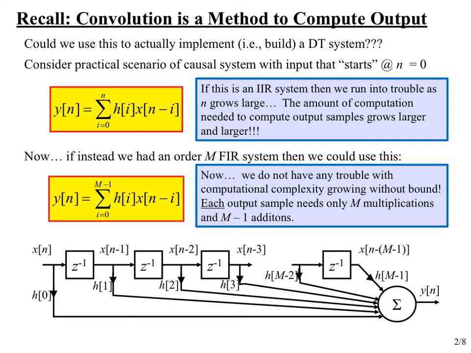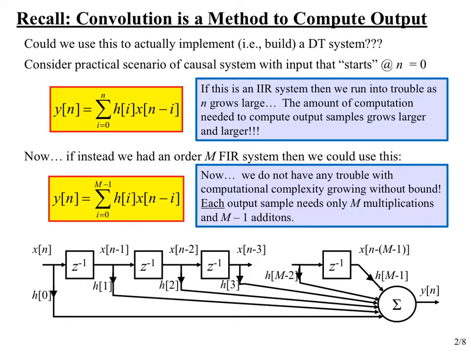So if you remember, we were talking about convolution and saw that it was one of our methods that allows us to figure out the output of a system. And every one of the methods that we have, as students, you think of them as a way to answer a question on an exam. The professor's going to ask me, here's a system, here's an input, find the output.